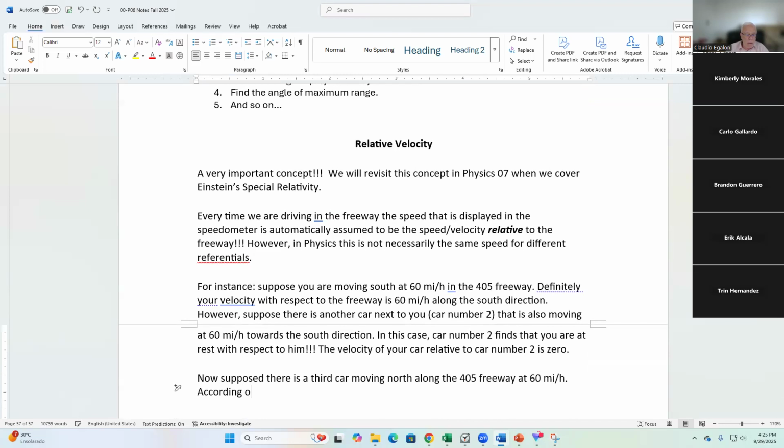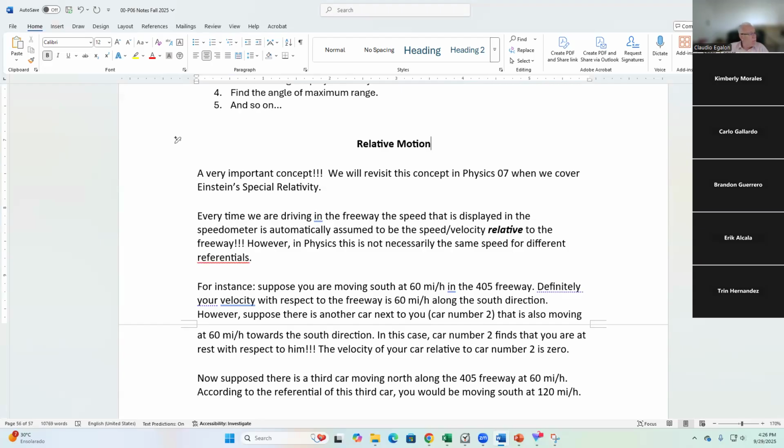According to the referential of this third car, you would be moving south at 120 miles per hour, right? It is 60 miles in one direction, 60 miles in the other direction. So it is as though your velocity is twice as much, because the velocity of the other car is summing up to the velocity of your car. That's the idea of the concept of relative motion.